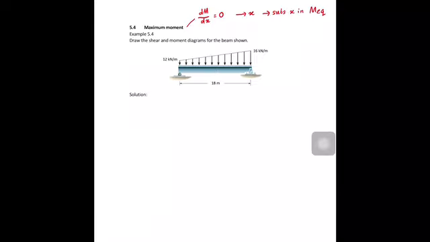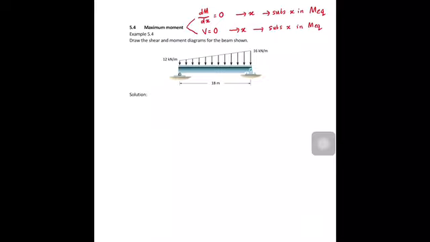Or you can take the v equation equal to 0, and then you will get x, and then substitute the x value into the moment equation. So you can choose either one, whichever you feel is easiest for you.